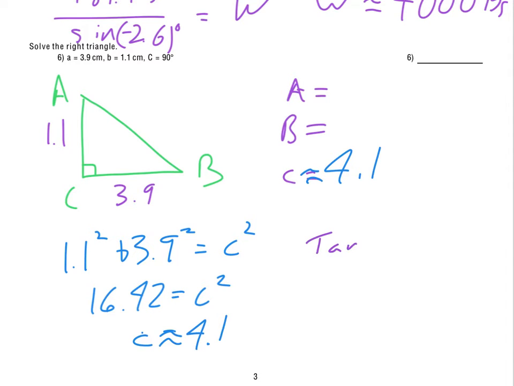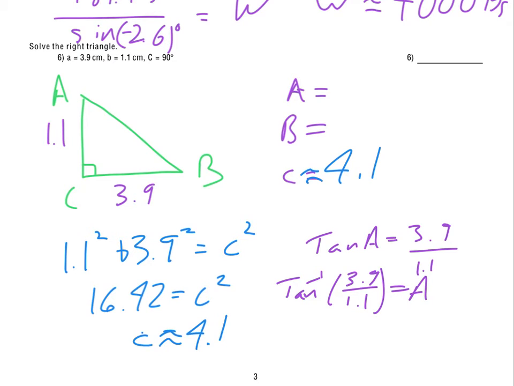The tangent of angle A equals the opposite side 3.9 over the adjacent side 1.1, and then do the inverse tangent of that in order to find angle A. So inverse tangent of 3.9 over 1.1 would equal angle A. Again, have the calculator help out with that, and that turns out to be about 74.2 degrees.